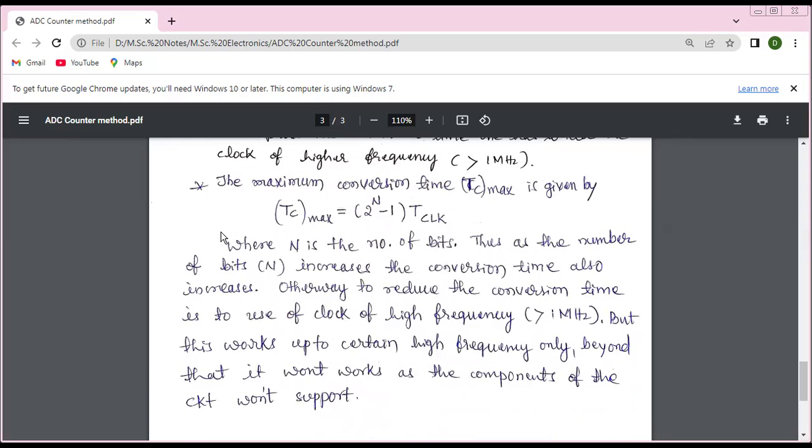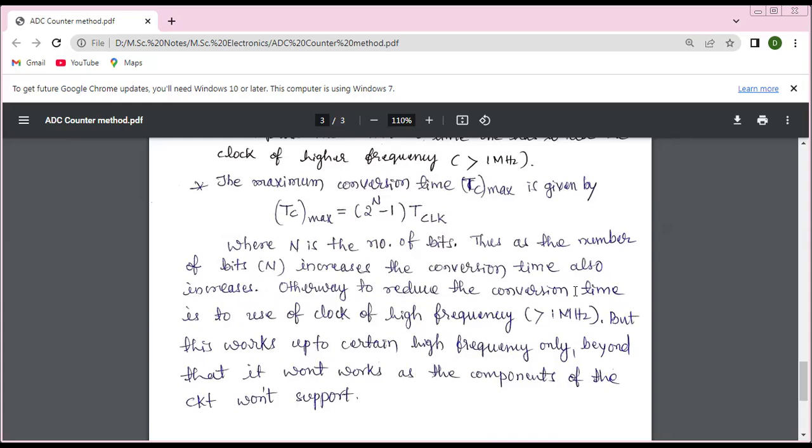Thus as the number of bits increases, the conversion time also increases. So this is a drawback. But to increase the sensitivity, meaning resolution, more bits are required. But if you raise the bits, conversion time increases. So these are the challenges associated with this type of circuit, and one has to adjust all these things.